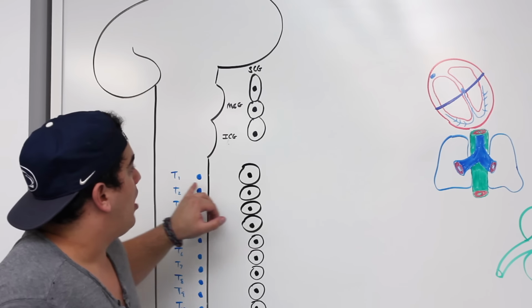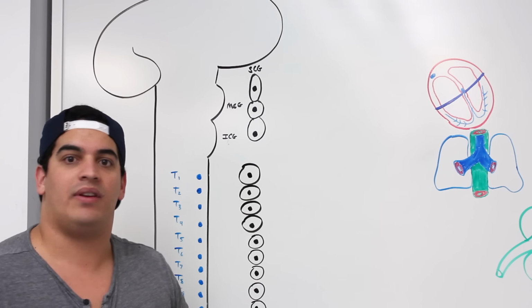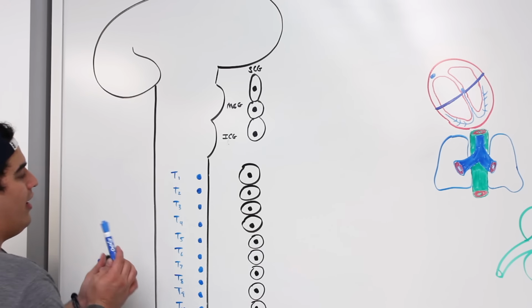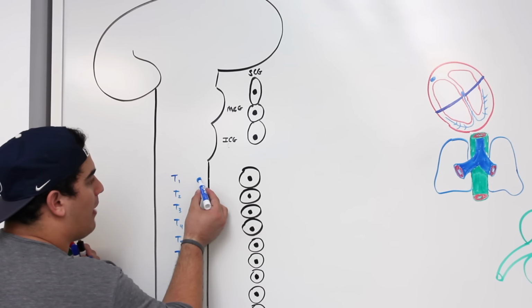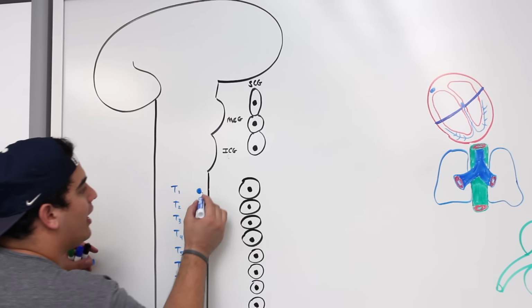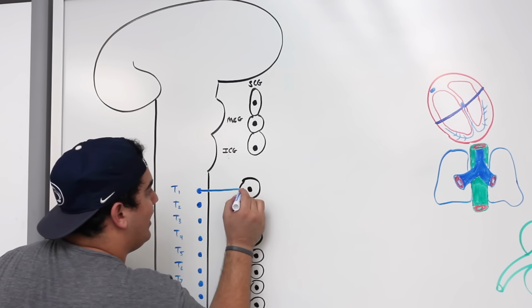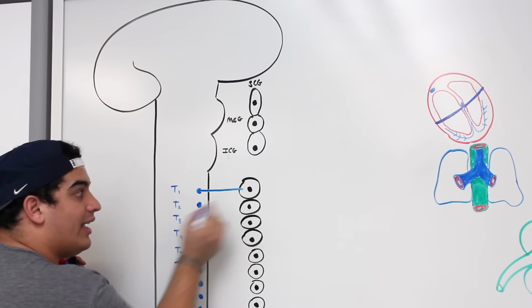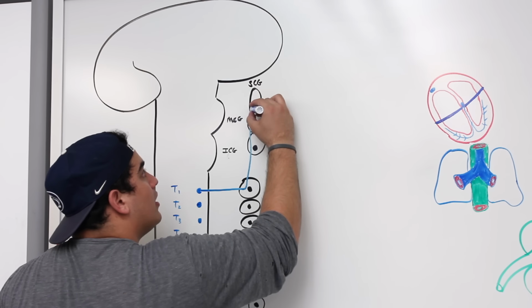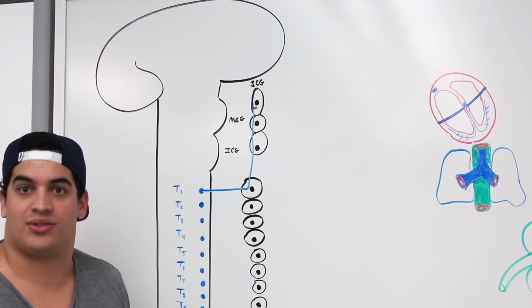I want to talk about the preganglionic flow to the superior cervical ganglion and then out to the head and neck structures. That's what we'll start with. Generally from about T1 to T3, these fibers can come out. It won't synapse in that chain ganglion; it's going to move upwards and synapse on the cell bodies in the superior cervical ganglion.